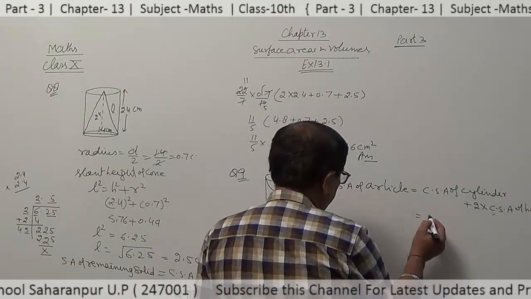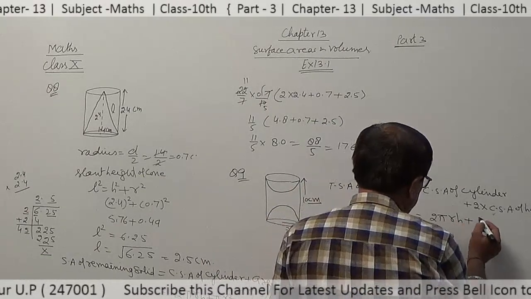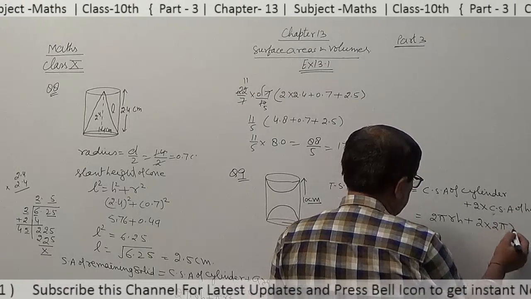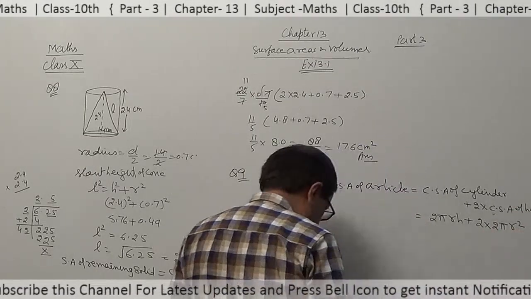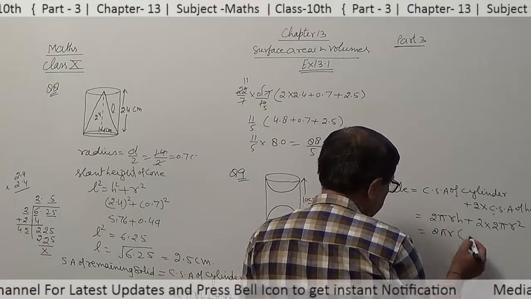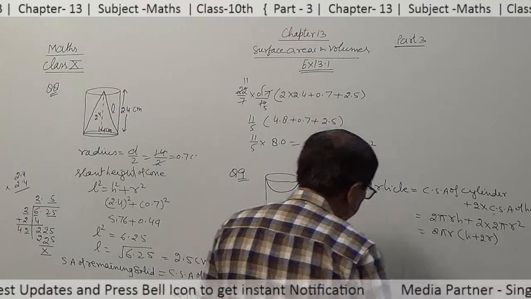Curved surface area of cylinder is 2 pi rh. Curved surface area of hemisphere is 2 pi r square. Taking 2 pi r common, it will be h plus 2r.